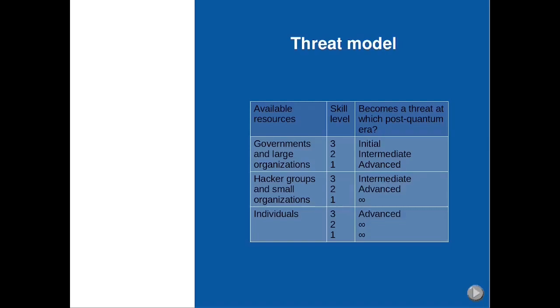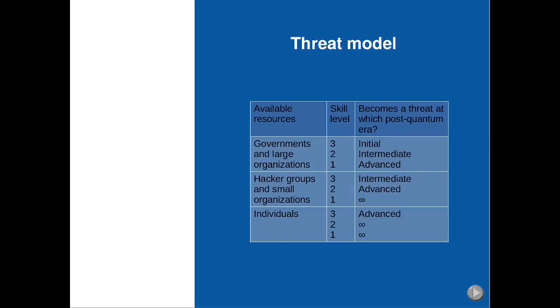These threat actors can also have a skill level, and with this skill level and the available resources they have, it's going to tell when and at which stage of the quantum era they will become a threat.